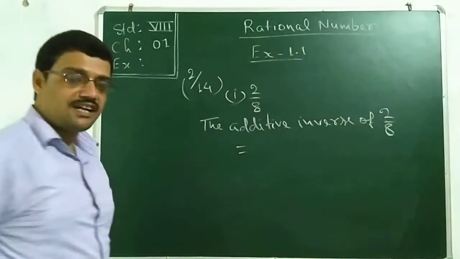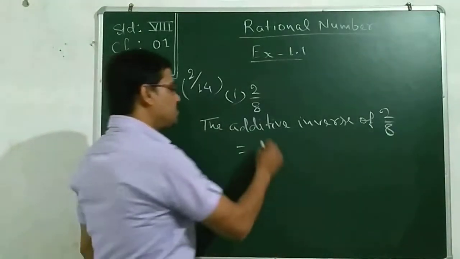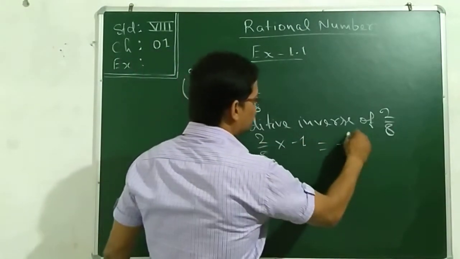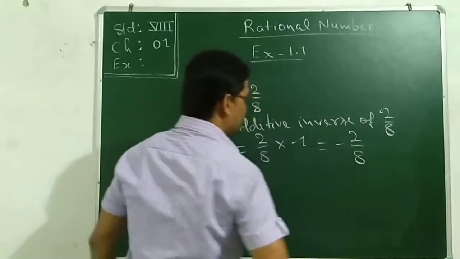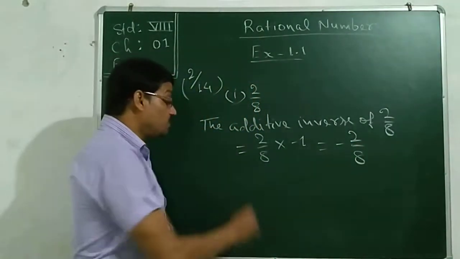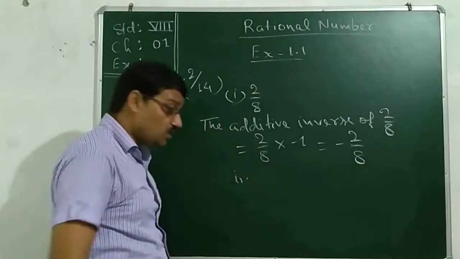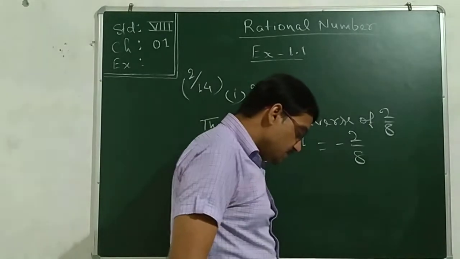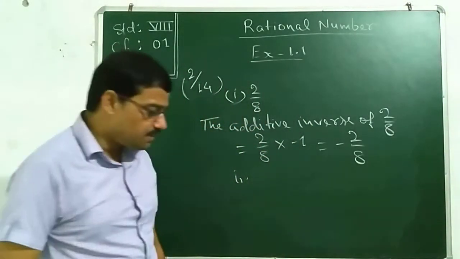As I had taught you, the simplest way, that is 2 by 8 into minus 1, we can say minus 2 by 8. Now, similarly you will solve the second, third and fourth sums. Remaining all the sums are to find out the additive inverse.